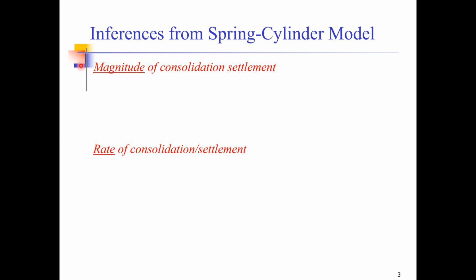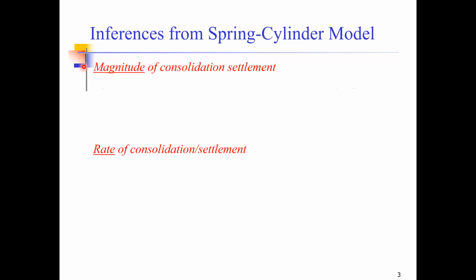Now, thinking about the magnitude of consolidation settlement, just think for a moment: if we consider the spring cylinder assembly, what are the factors upon which the magnitude of consolidation settlement would depend? We can think either based upon the spring cylinder assembly, or in case of the real soil, what are the main factors upon which the total magnitude of consolidation settlement depends?